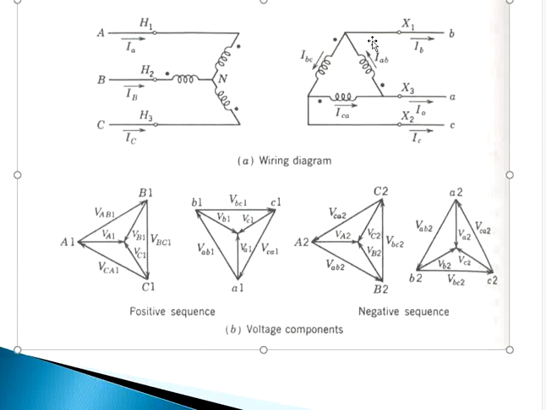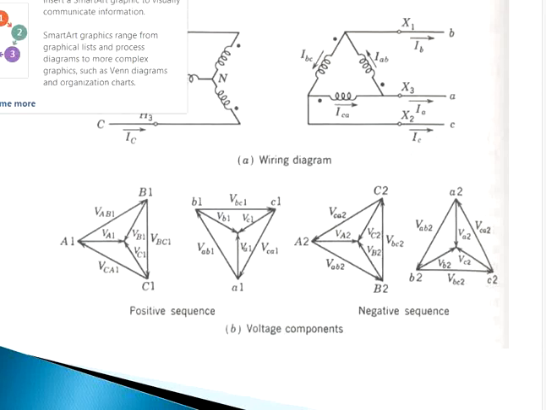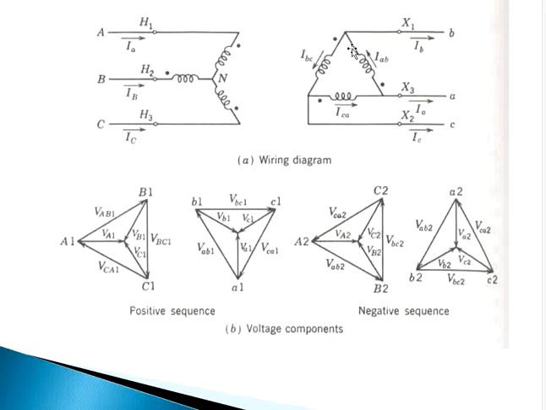If you assume that current is entering at this position, then you can take this as A, this as B and this as C. Now this becomes A, this becomes B and this becomes C. Here it is purely what you are assuming. I can assume that current is entering here, or here, or here. But whatever you assume, that you need to take.